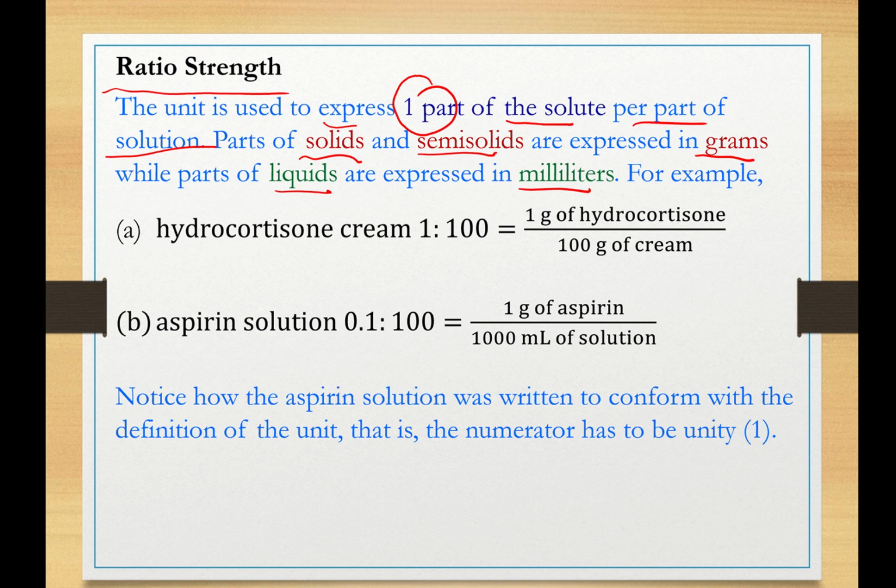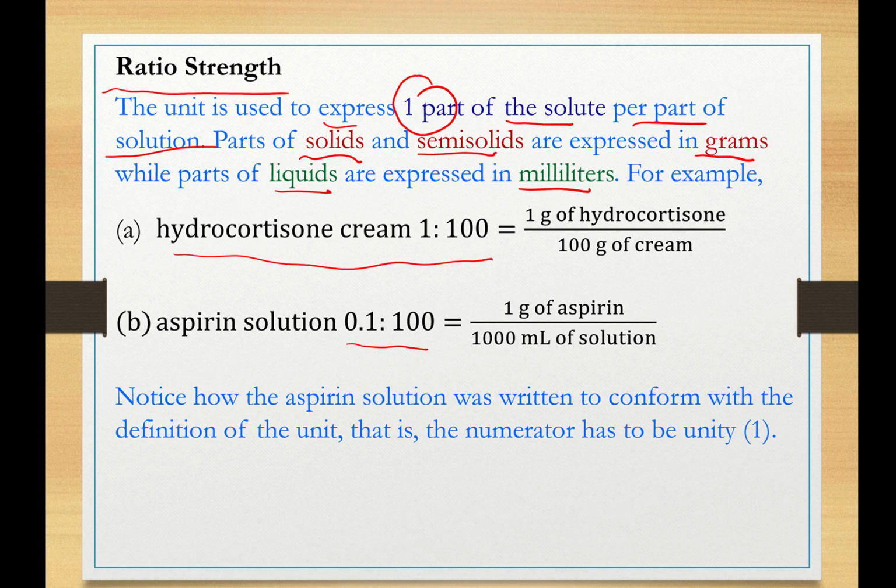Let's take a look at hydrocortisone cream 1/100. So this is expressed as 1 gram of hydrocortisone per 100 grams of cream, hydrocortisone included. That's the cream ointment, right? Aspirin solution 0.1/100, that's not ratio strength officially, right?